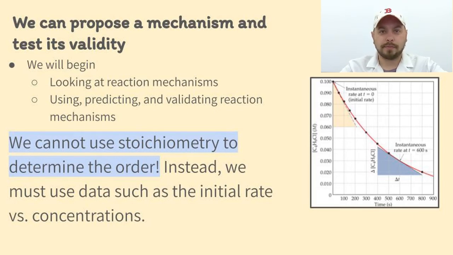But in the end, the most important thing to understand is that we cannot use the stoichiometry to predict the order with which each reactant is with respect to the reaction. We must and can only use data, experimental data, like we've looked at in the past, either graphically over time or looking at initial rates compared to initial concentration.